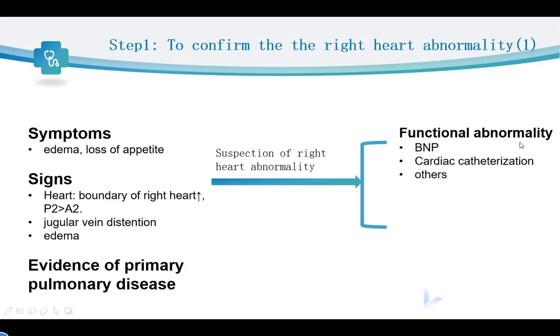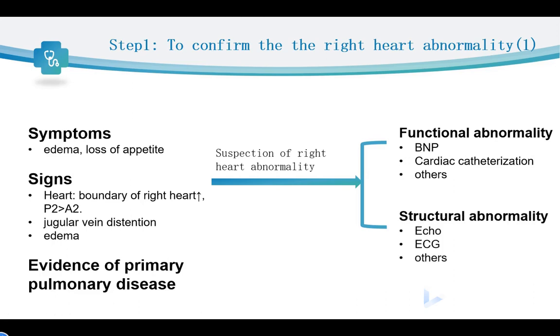For the functional abnormality, we need to arrange BNP and sometimes cardiac catheterization for this patient to confirm the function of the right heart.